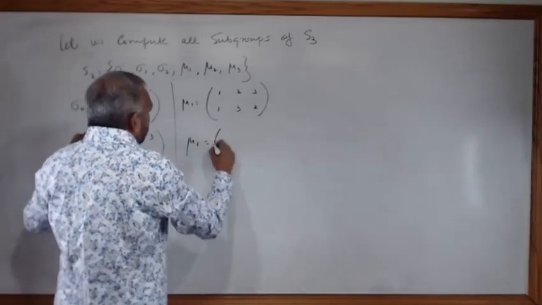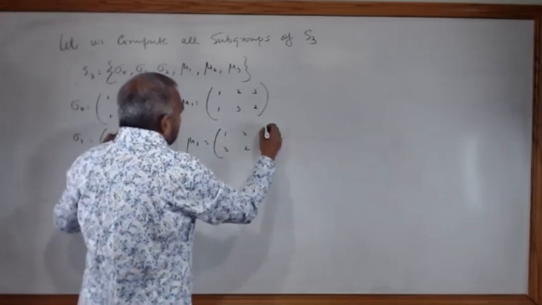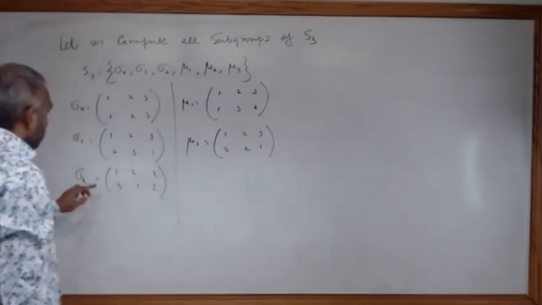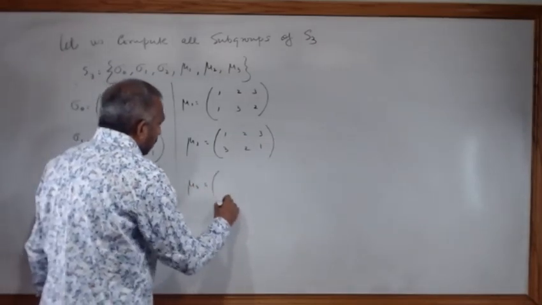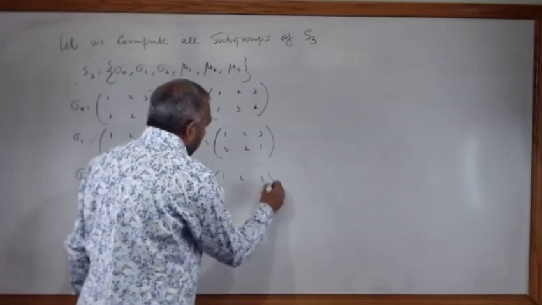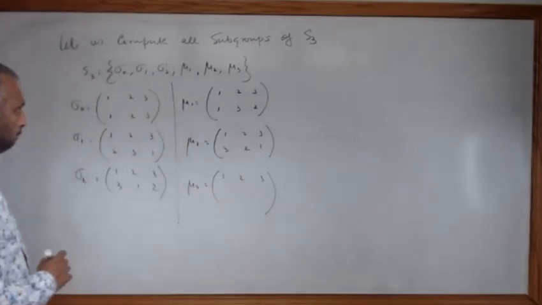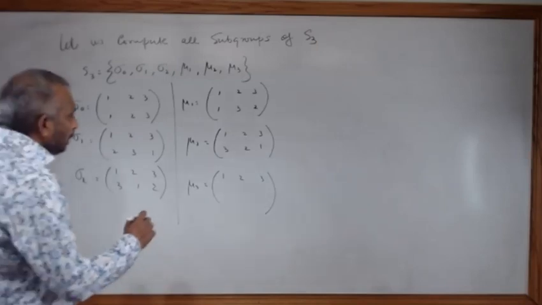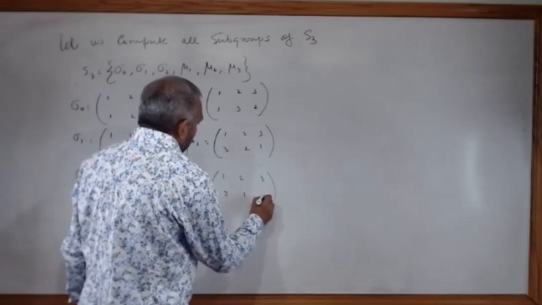Mu 2 is equal to 1, 2, 3, 3, 2, 1. And mu 3 is equal to 1, 2, 3, then 2, 1, 3.